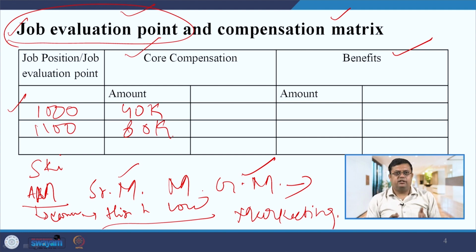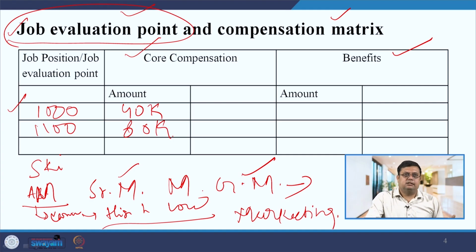You have evaluated the job, after the job evaluation the worth of the job is very close, but the salary differentiation is very high, right. So, if you get such kind of data, then it is an alarming situation for the organization, you need to think about it.